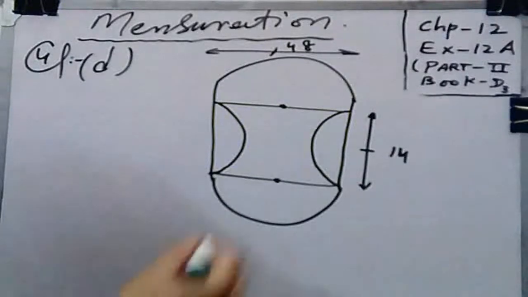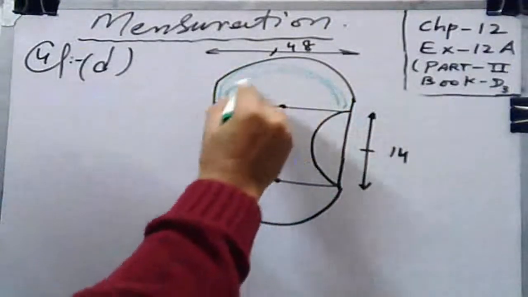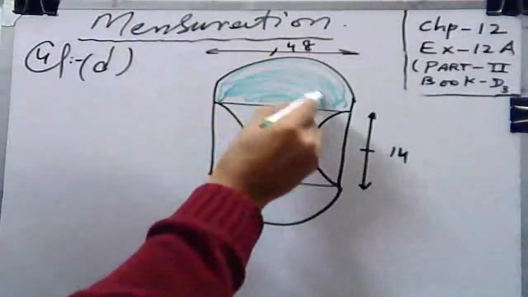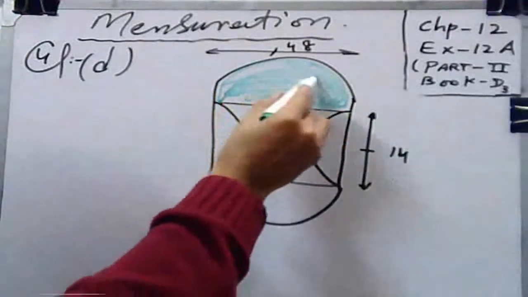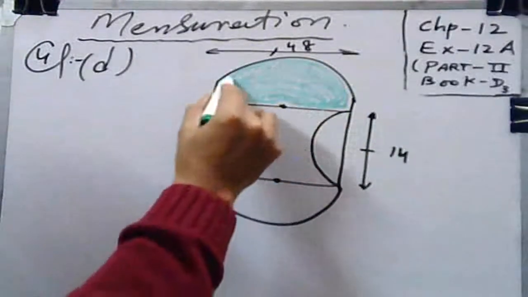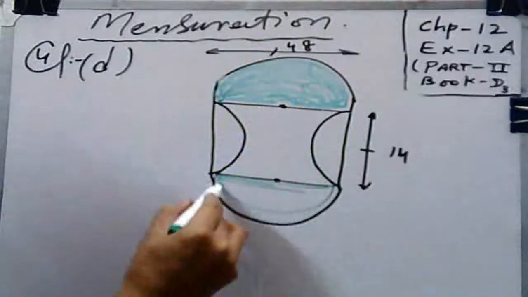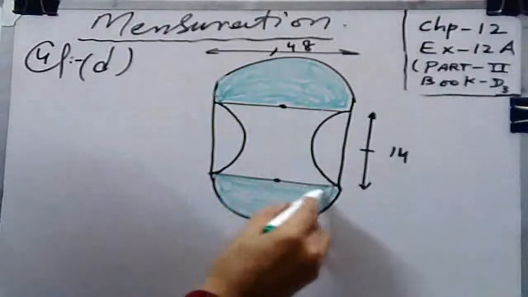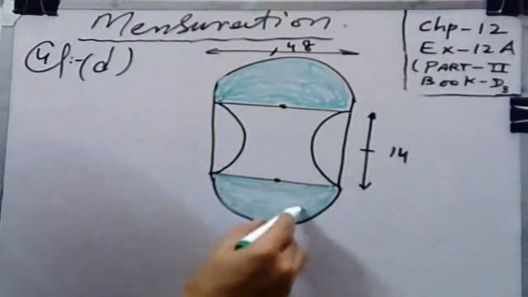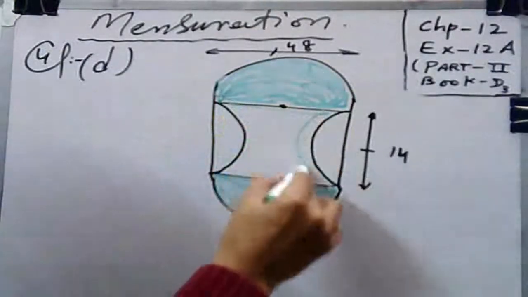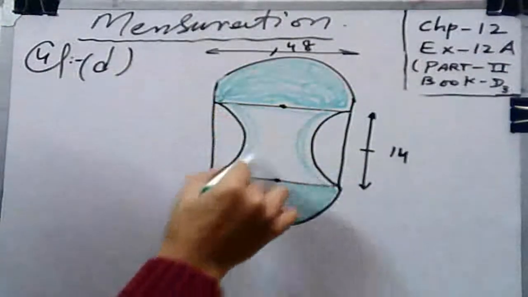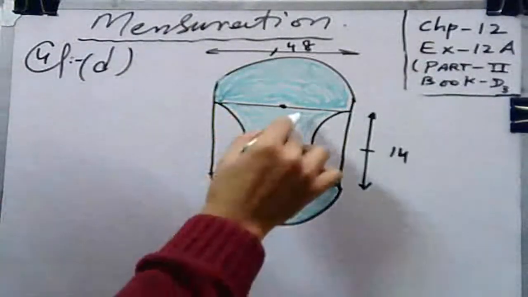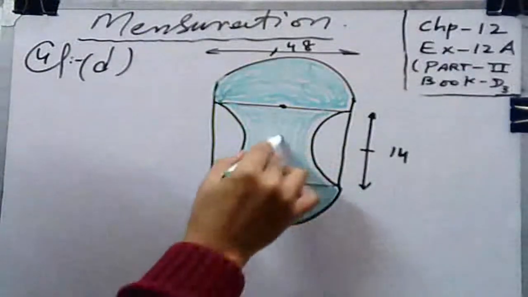Now, which one is your shaded portion? You can see that one is your shaded portion.